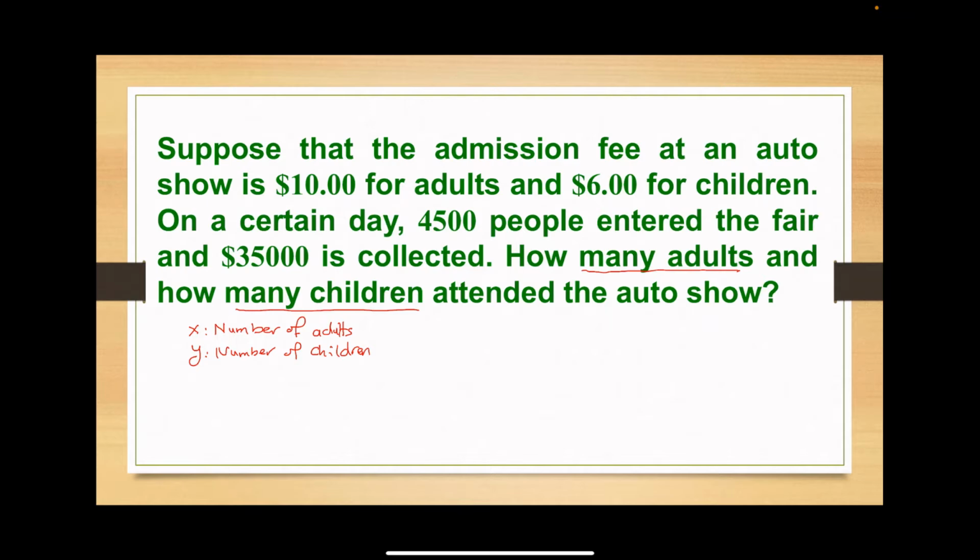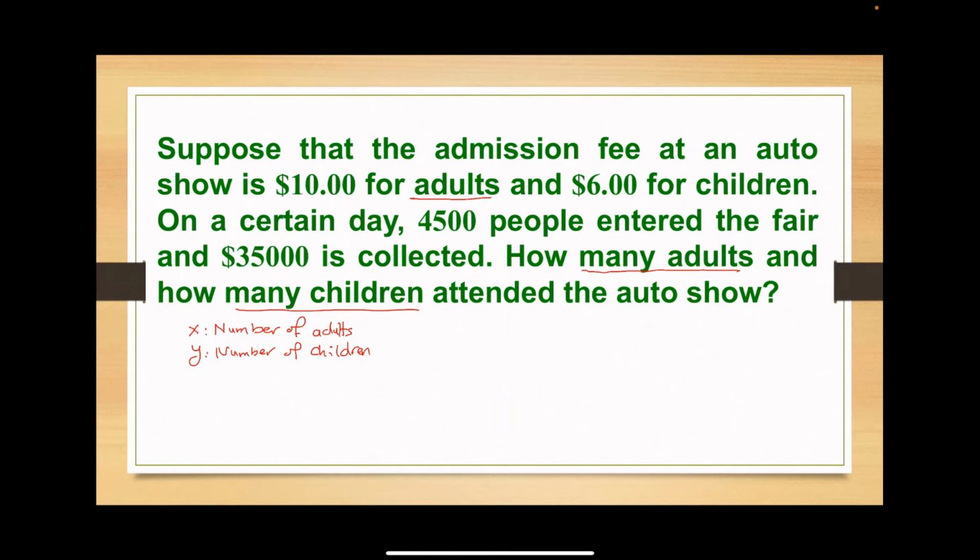Suppose that the admission fee at an auto show is $10 for adults. So suppose that we have 5 adults, then the cost is 50 because we multiply 5 times 10, which is equal to 50. The same thing applies to children.